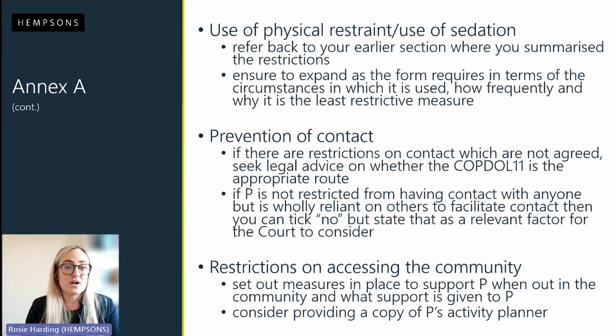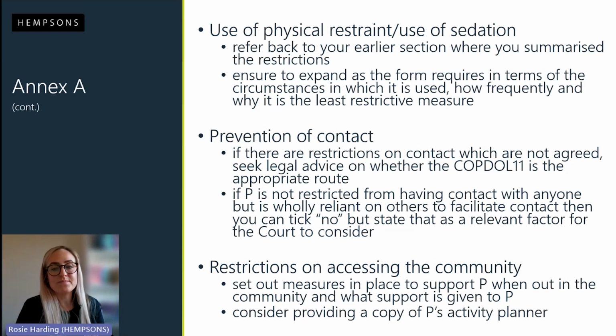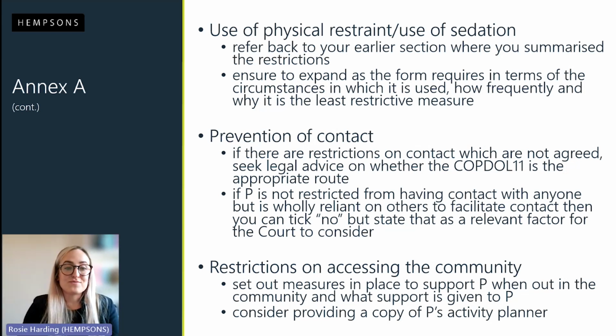You can still tick no in the box because you're not actively restricting P's contact, but the fact that they're reliant on others to facilitate the contact is a relevant factor, so I would pop that in the box in any event.